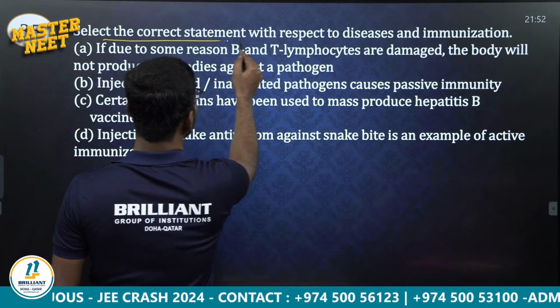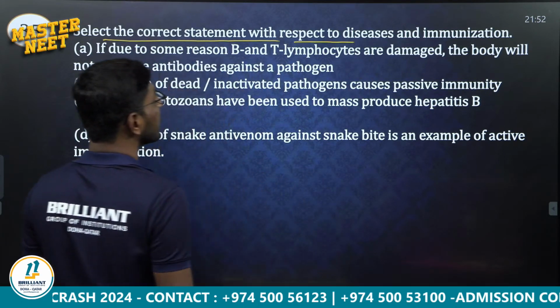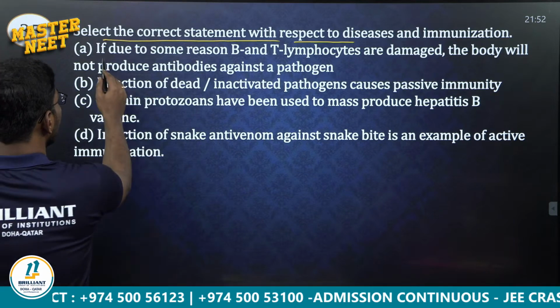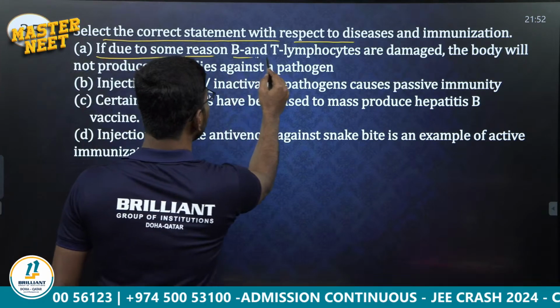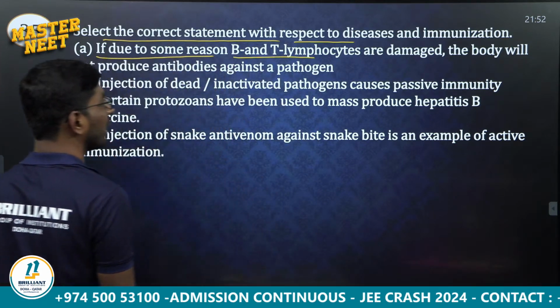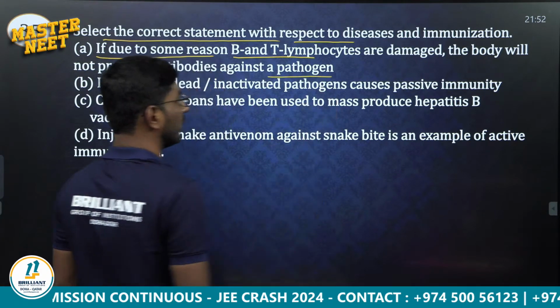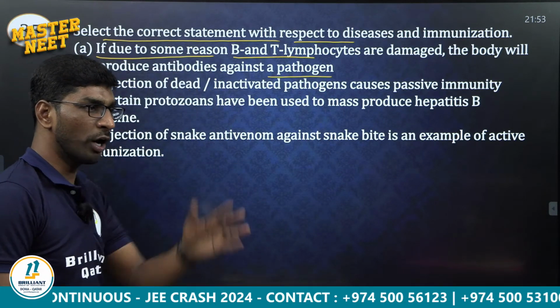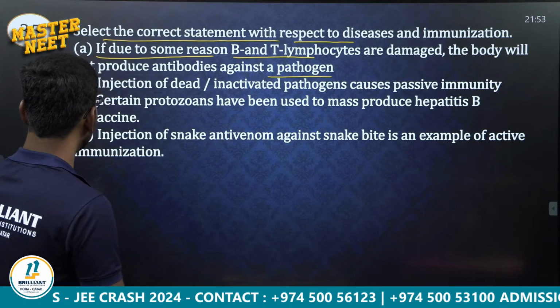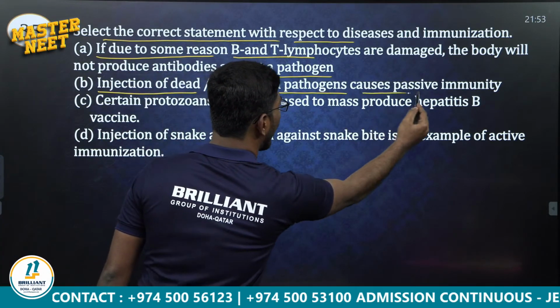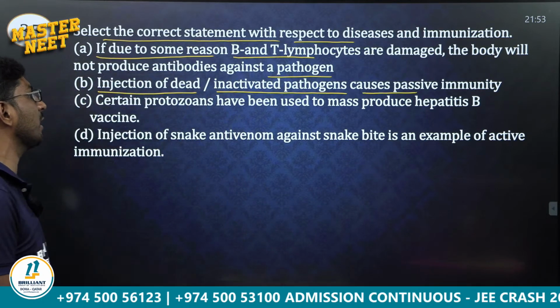The correct statement with respect to disease and immunization. Due to some reason, B T lymphocyte damage, the body will not produce antibody against pathogen. Injection of dead inactivated pathogen cause passive immunity.